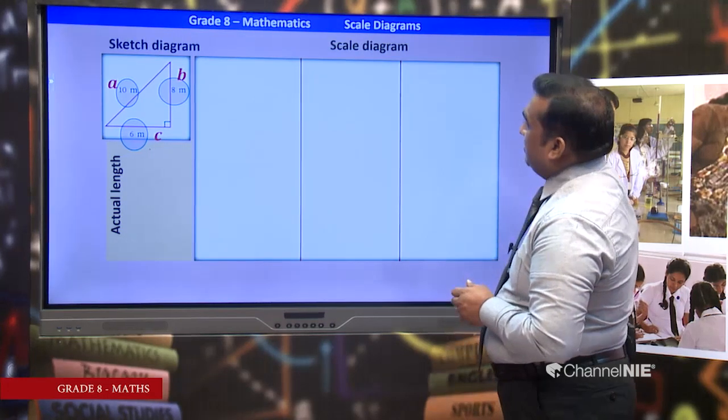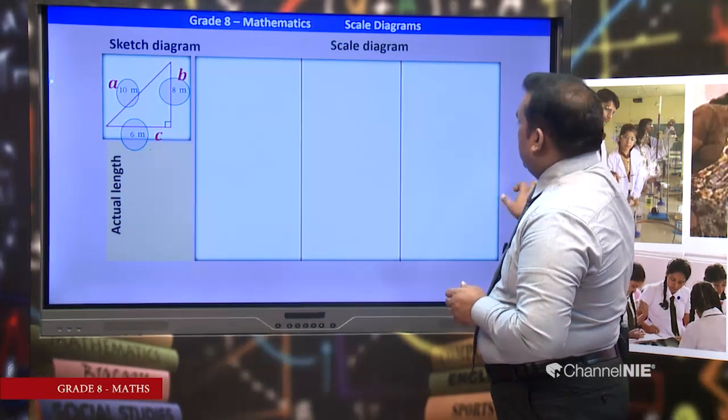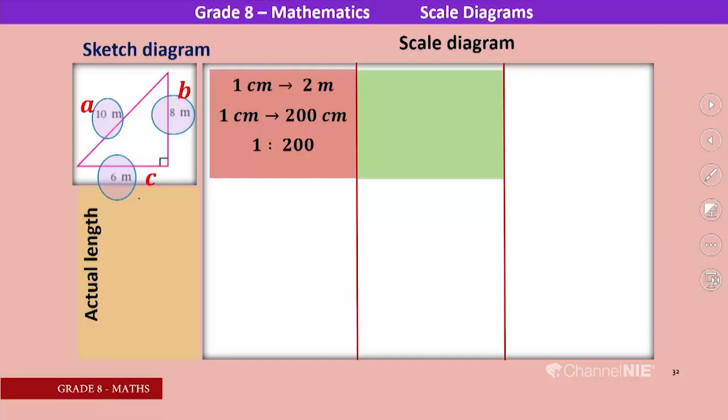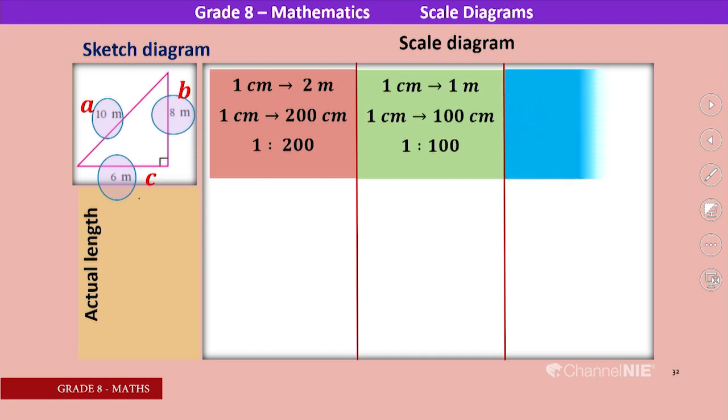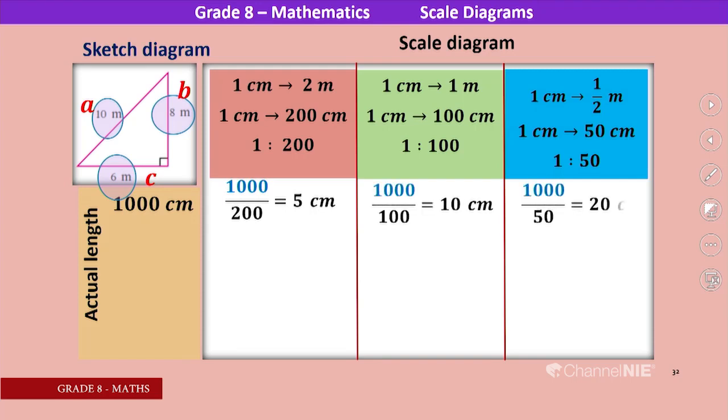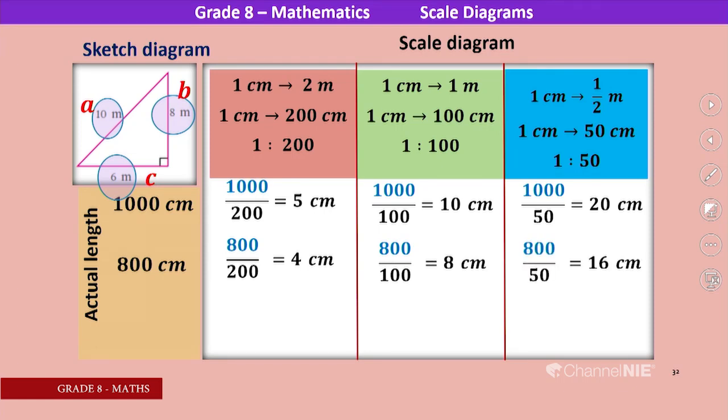Now, we will see a scale diagram. Sketch. Can you see actual length 1000 centimeter because 10 multiplied by 100, 8 multiplied by 100, 800.